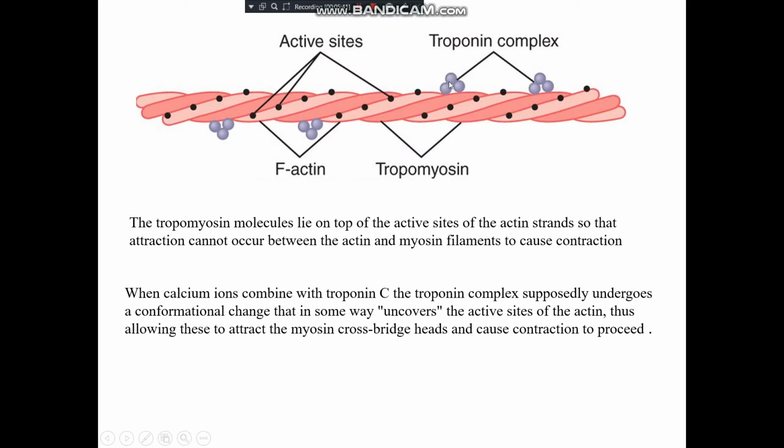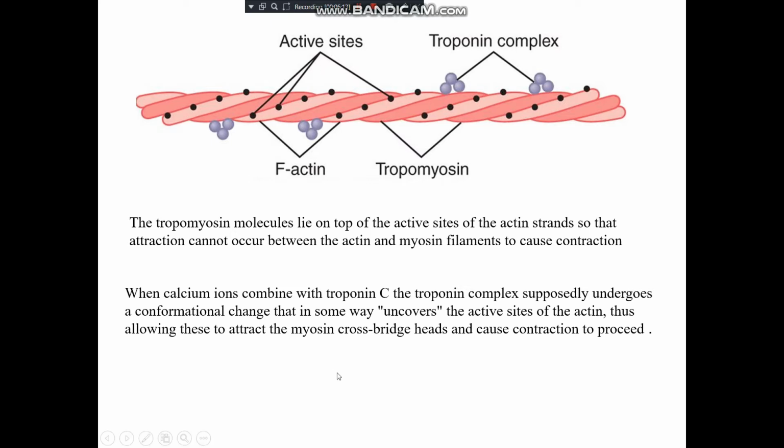But generally, the active sites are blocked when at rest by the protein called tropomyosin. It forms the troponin complex and then binds them. Especially when the calcium ions combine with the troponin C, the troponin complex undergoes conformational changes so as to uncover these active sites.